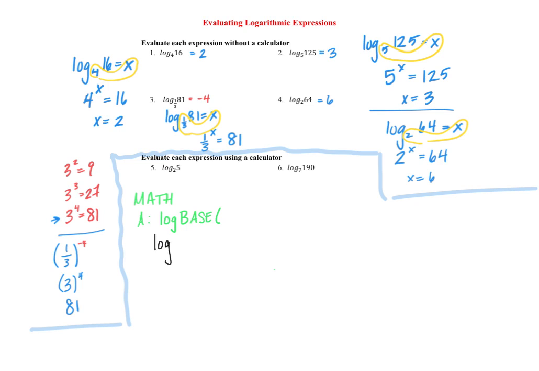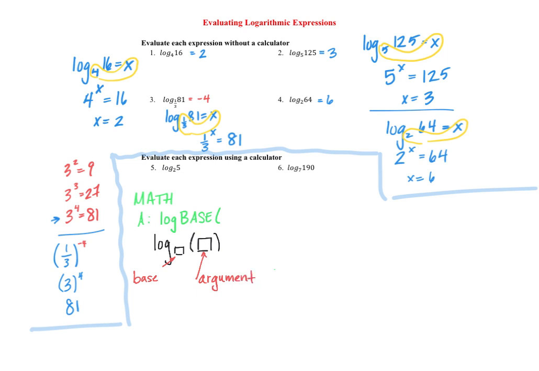And then there's a little box here, which is actually where my cursor is blinking. And then there's a little box in parentheses. Now, what goes in those spaces? In this spot, that is going to be our base. And in this position, that is going to be our argument.